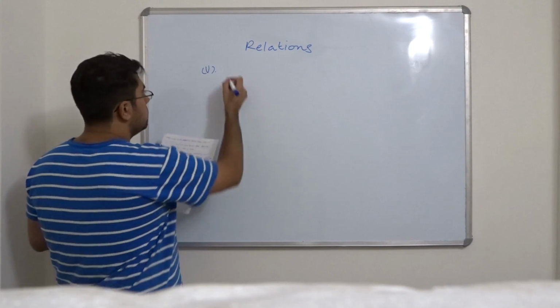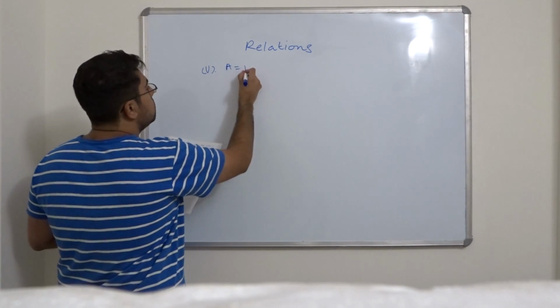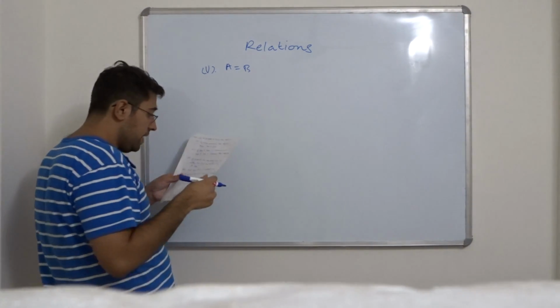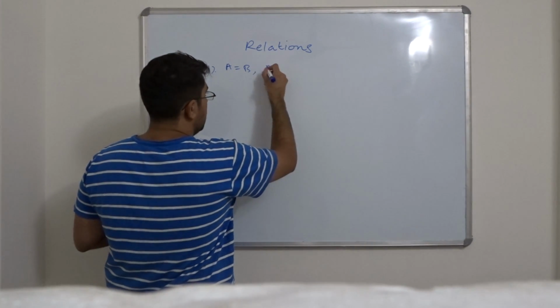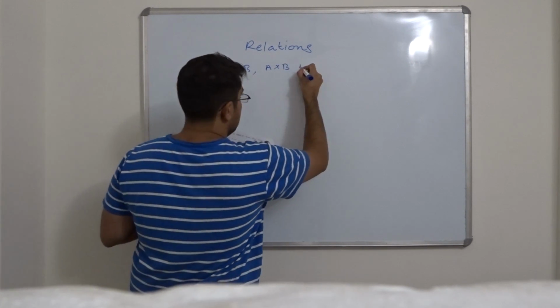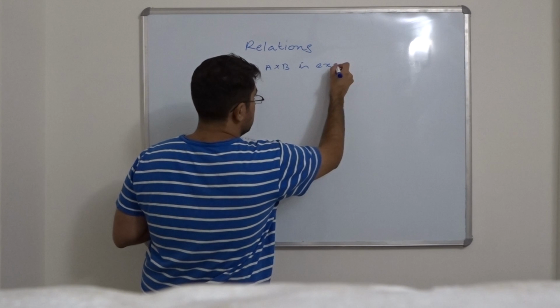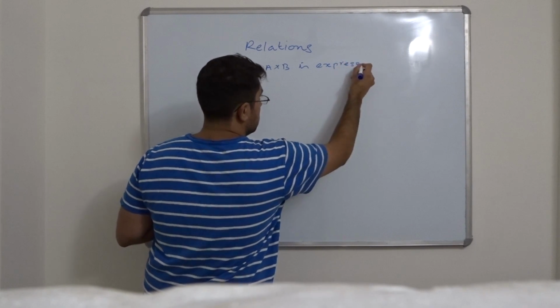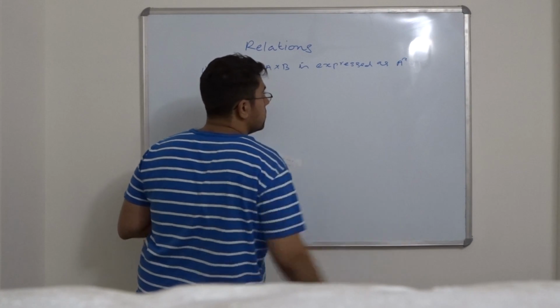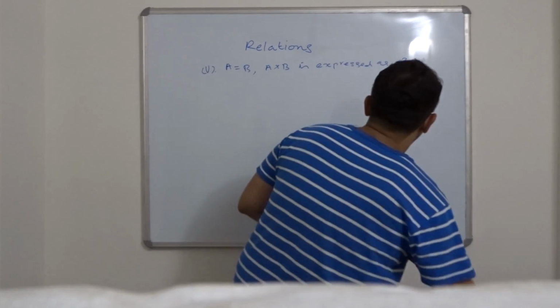So basically, if A is equal to B, then A times B is expressed as A squared. Now this is very logical, guys.